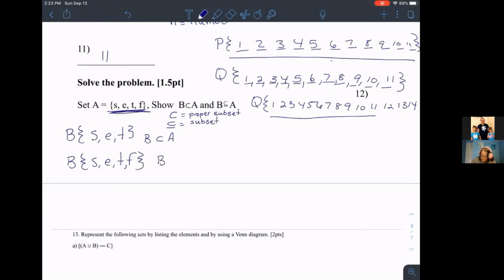That would be B a subset of A. That means all the elements in B are also in A. Where here, not all of the elements are in there, but it is a subset of it.